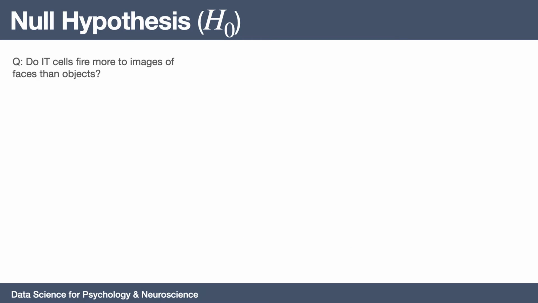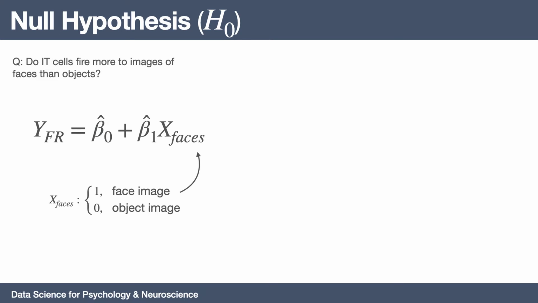An alternative way of doing that would be to ask this question using a regression model. And the same concept still applies. So we might fit a regression model like this, where I'm trying to fit the average firing rates per session, Y_FR, as a model where I have my intercept term, beta hat 0, plus a regression term where I have beta hat 1 times a variable x_faces, which is a dummy variable that codes 1 if the stimulus was a face image, 0 otherwise.